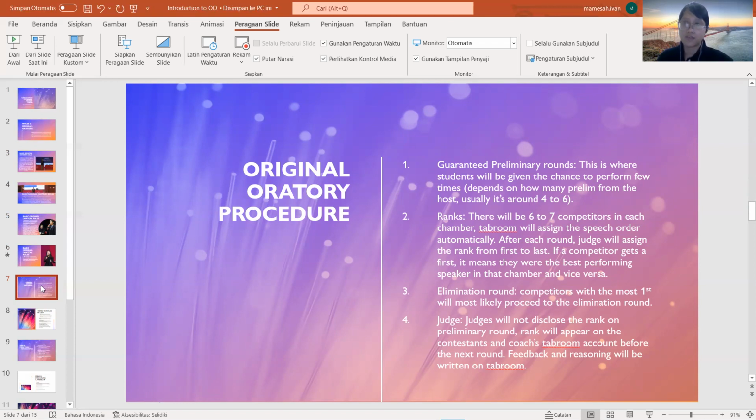Second of all, regarding ranks, because we have talked about this before, there will be around 6 to 7 competitors, usually in each chamber, and the Tabroom account that I have made for you guys yesterday will assign the speech order automatically. And after each round, the judge will assign the rank from first to last.